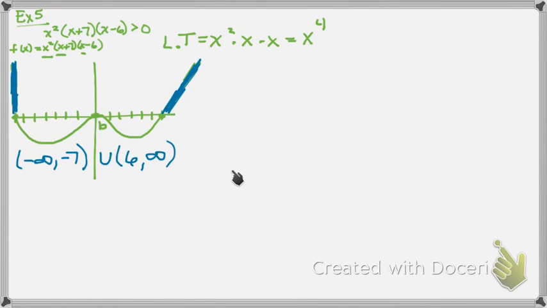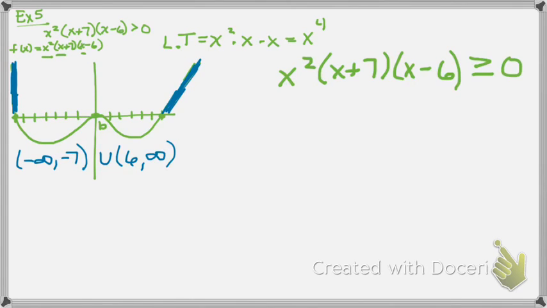All right, now what if I would have changed this problem? Let's say I change the problem and make it x squared times x plus 7 times x minus 6 is greater than or equal to 0. The fact that it's a greater than or equal to means anywhere that you are above or on.